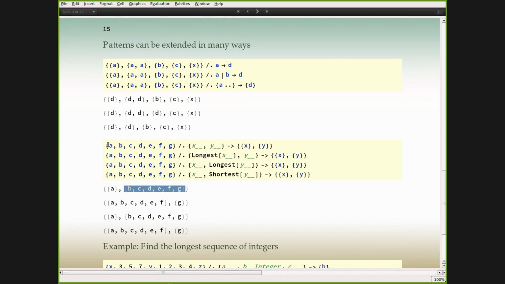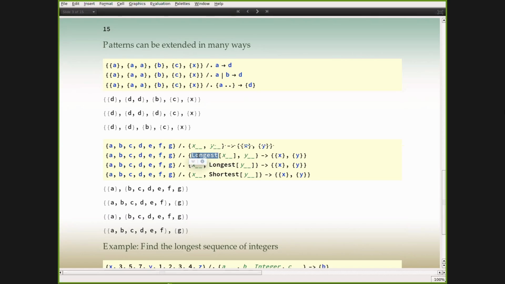But actually, this pattern can fit this list in several ways. I can have, for example, AB and then CDFG, or I can have ABC in the first list, and so on. I can change the behavior of Mathematica by providing some quantifiers which say what the property of the element should be.